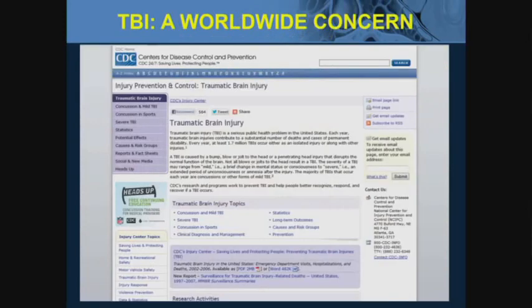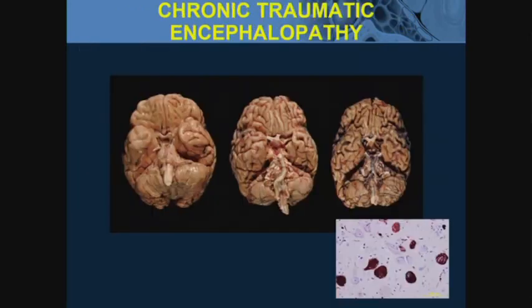It is a worldwide concern. Traumatic brain injuries are written up all over the CDC in Atlanta and the WHO in Switzerland. And here's what it does. Here's a normal brain on the left, a brain with mild traumatic encephalopathy in the middle, and with advanced traumatic encephalopathy on the right.